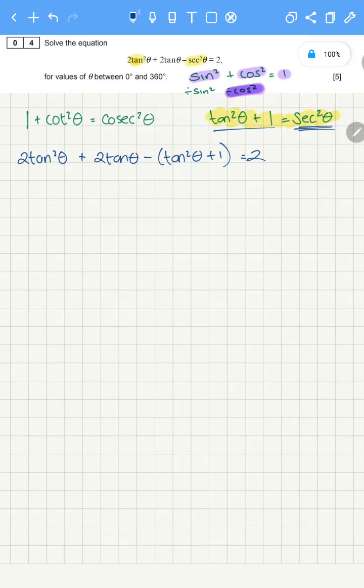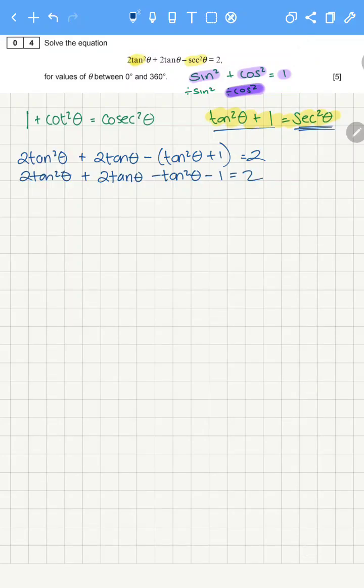And it's just a case of rearranging now, so let's do it. We've got 2 tan squared theta plus 2 tan theta. Right, let's expand this. By expanding a minus bracket, we just do minus tan squared theta. And then a minus and a plus makes a minus, so minus 1. And that equals 2.